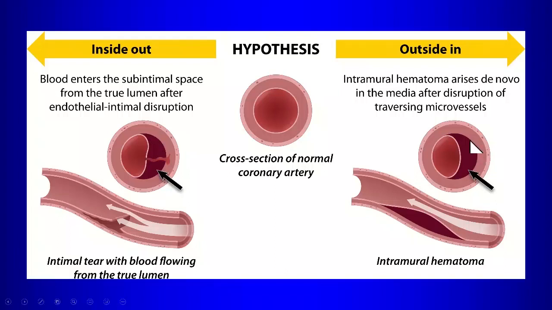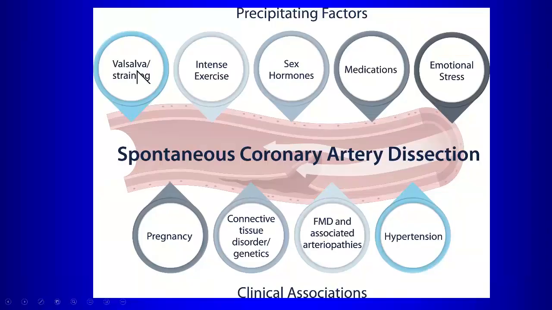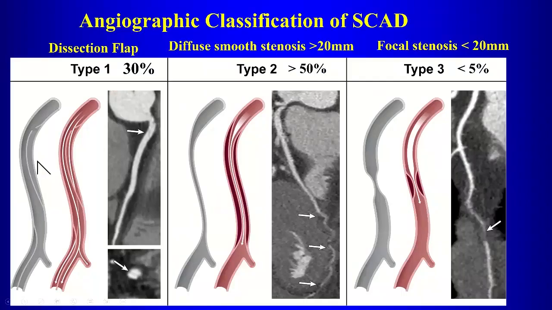Another theory is that you get bleeding within the wall that then causes the dissection. Who knows what the cause is, but these are all precipitating factors: Valsalva, exercise, sex hormones, medications, stress, fibromuscular dysplasia, hypertension. This is a big one: fibromuscular dysplasia, pregnancy. All right. So those are big precipitating factors.